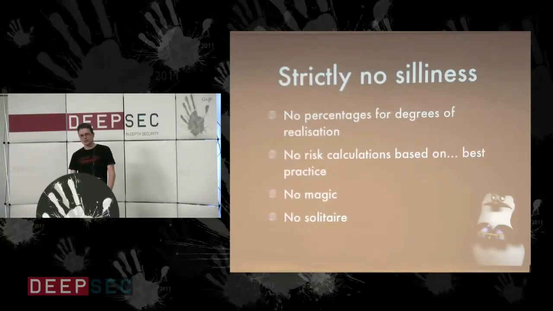I don't know what it means if I log 50%. I really have no idea what this means. So what we said is, either you do the logging, you plan to do it, or you don't. Anything else doesn't really matter. If you have 30% of your logging or 40, I don't really care. Either you have it or you don't. And if you don't, you're not compliant, and that's all.